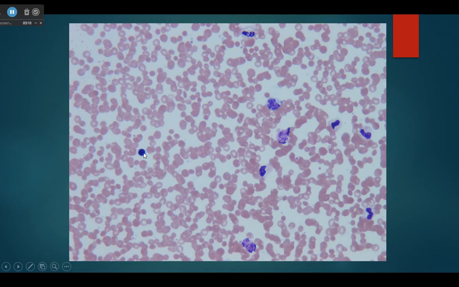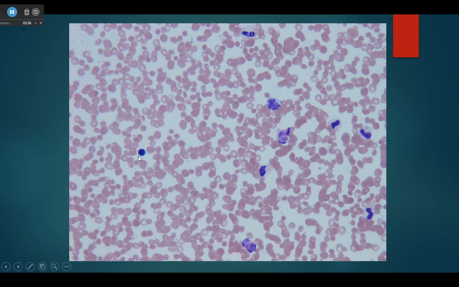So this is a lymphocyte. Lymphocytes can be 5 to 17 microns in diameter. The big ones are usually in the lymphatic system. So the ones that we see in blood and the ones I will show you are all going to be small. That's going to be your first hint that this is a lymphocyte. Another thing with lymphocytes, their nucleus is round, and they have very thin cytoplasm.